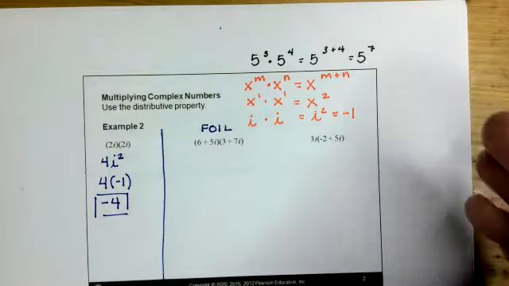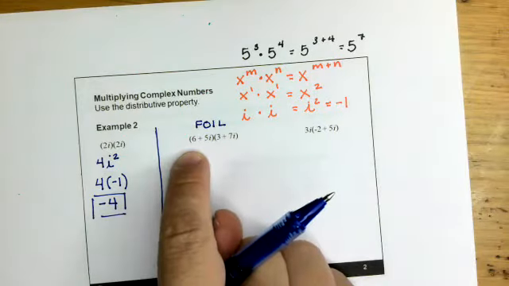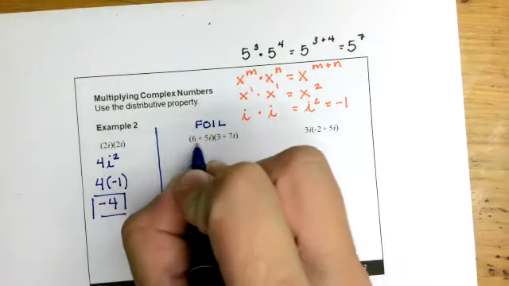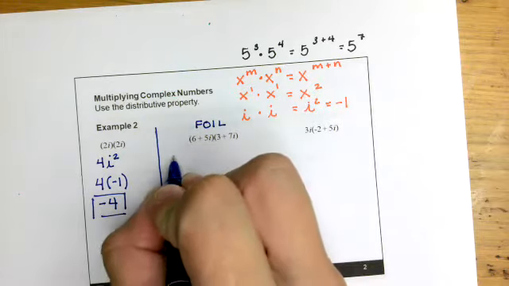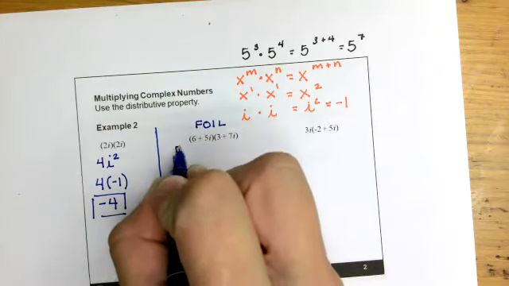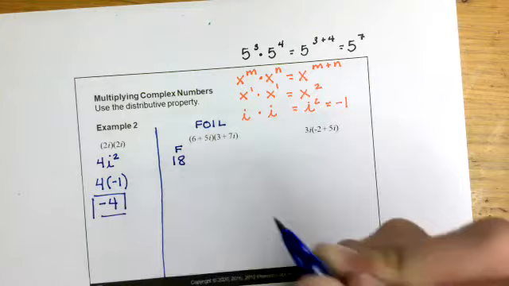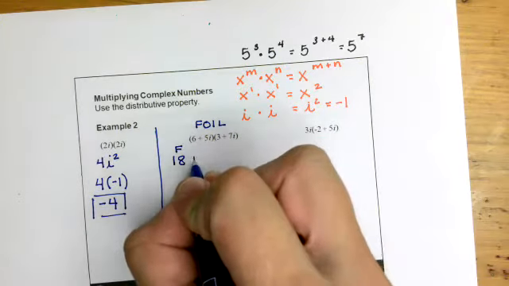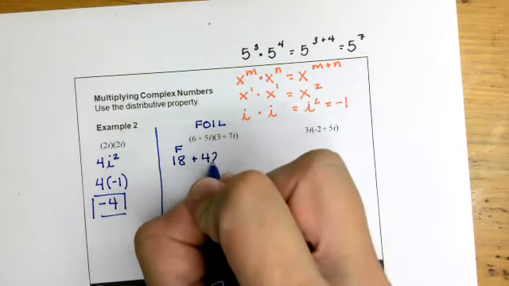All right, so first, 6 times 3 is 18. Outside, 6 times 7i is a positive 42i.